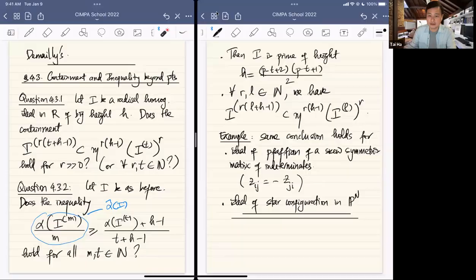Actually, my question is, could we define the independency of two ideals? The main idea behind the independency of two ideals is that pi of I intersection J is equal to pi of I times pi of J. Could we create this result? So maybe it's better if I share the screen so that I know we are talking about the same thing.